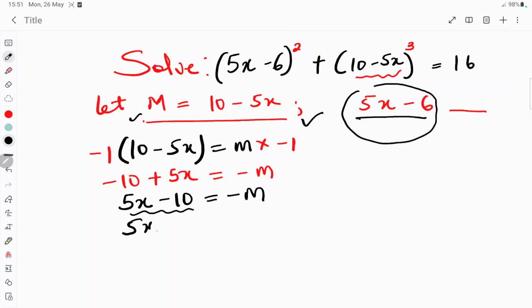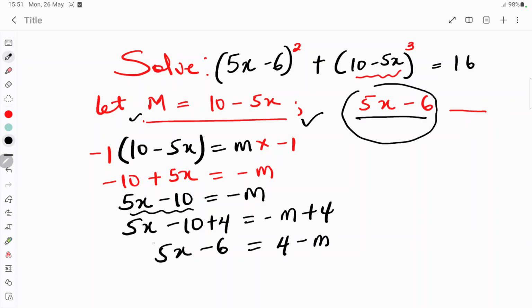So I have 5x - 10 + 4 = -m + 4, and that gives me 5x - 6 = 4 - m, nothing changed. So I can now use this as the value for this particular term.